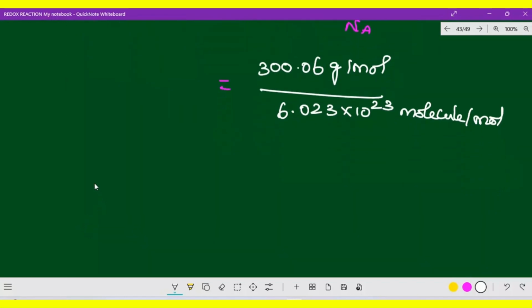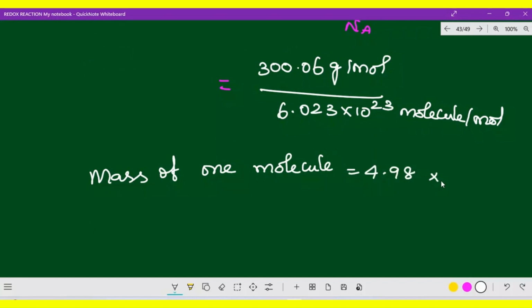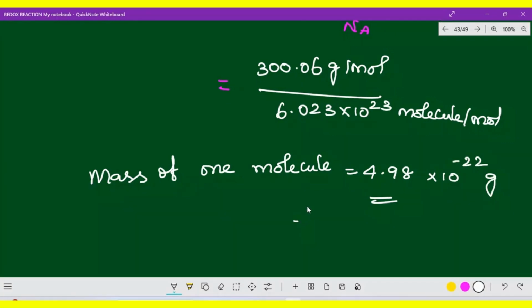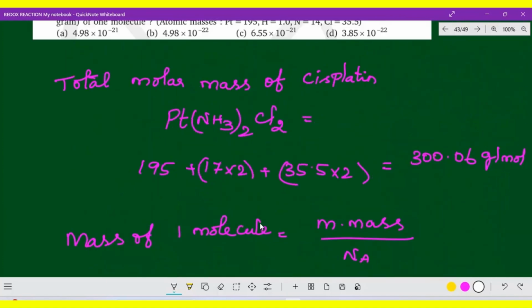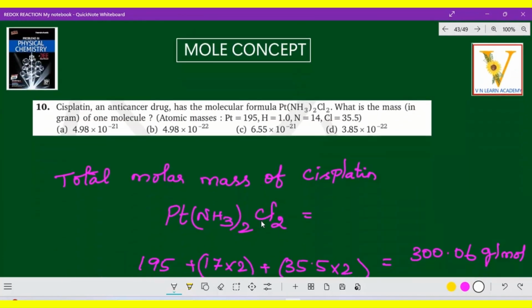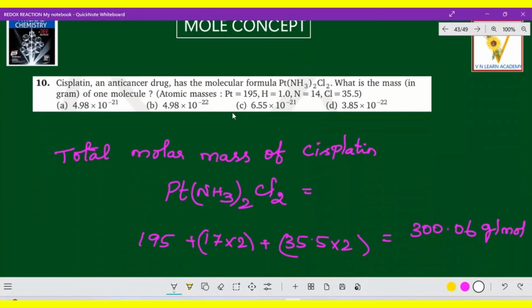When you calculate the mass of one molecule, you will get 4.98 into 10 to the power of minus 22 grams. Let us check the options.